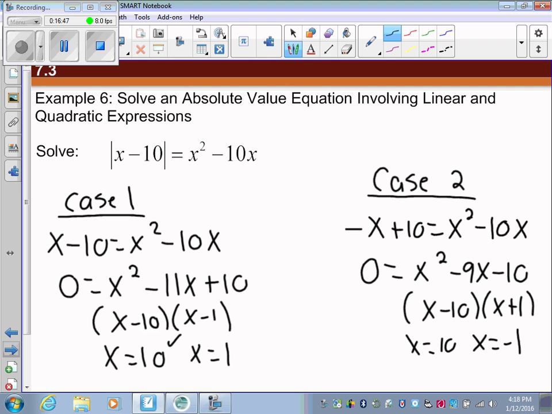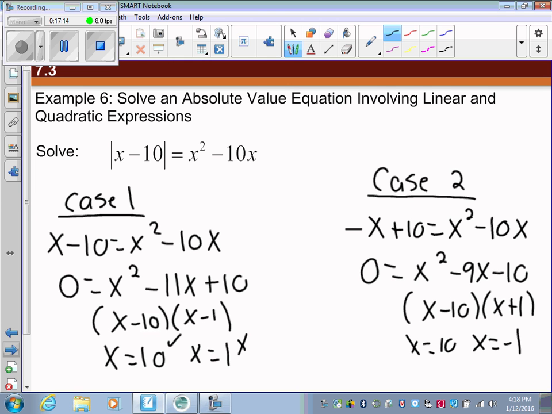When I try 1 in here, 1 minus 10 is negative 9, which is 9. 1 squared is 1 minus 10 is negative 9. That's not true. So that one's out. Over here, if I tried it in case 2, 10 minus 10 works.